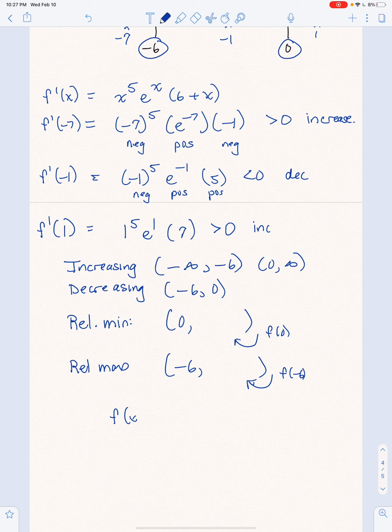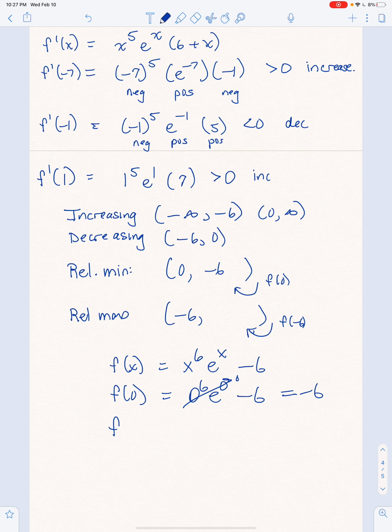So f of x, remember, was x to the 6th e to the x minus 6. So f of 0 is 0 to the 6th e to the 0 minus 6. Well, 0 to the 6th is 0, so this whole thing is 0. So we end up with negative 6.